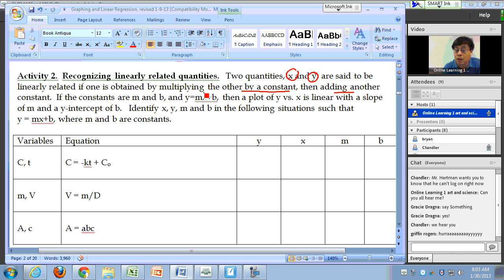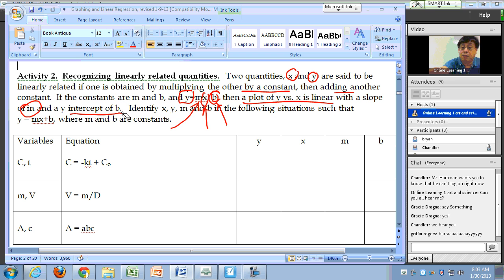So for example, here in this equation, if I have a variable x, if I multiply that by a constant, which I'm going to call m, and then add another constant, which I'm going to call b, and I get the value for y, then we say that if I were to plot y versus x, I'm going to get a straight line. And the slope of that line, the value of the rise over the run, is going to be whatever this m is, this number that's in front of the x, the coefficient of x, you say. And the y-intercept would be whatever this b is. Okay, so your y-intercept is b.